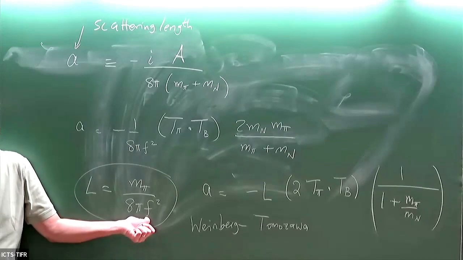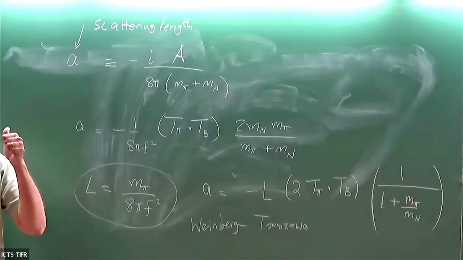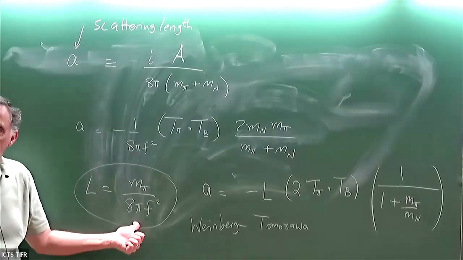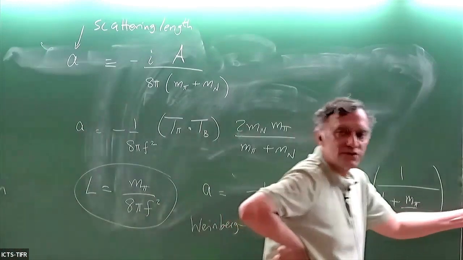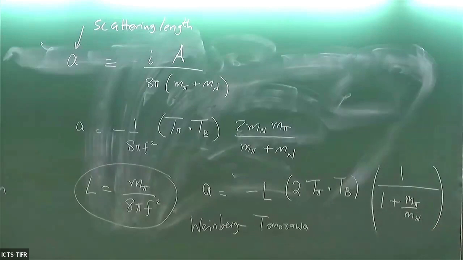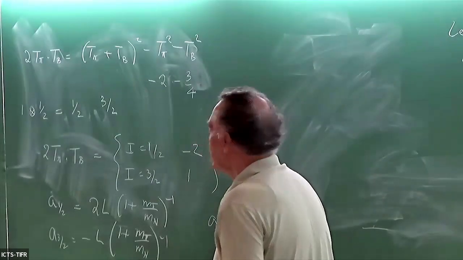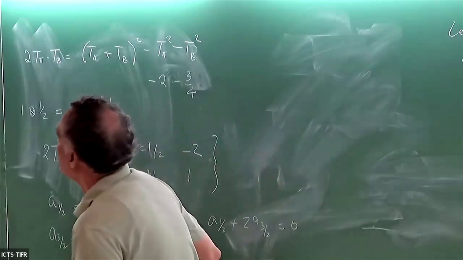So these people took a weak interaction process to determine F, and from the weak decay of the pion, you could compute the strong interaction scattering length. Which is very non-trivial, especially if you don't know what the weak interactions or the strong interactions are, you can still do this, and this agrees very well with the experiment.